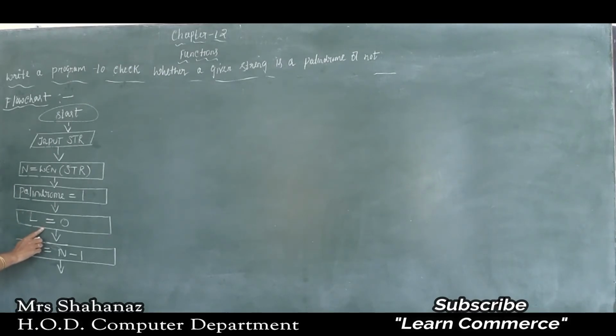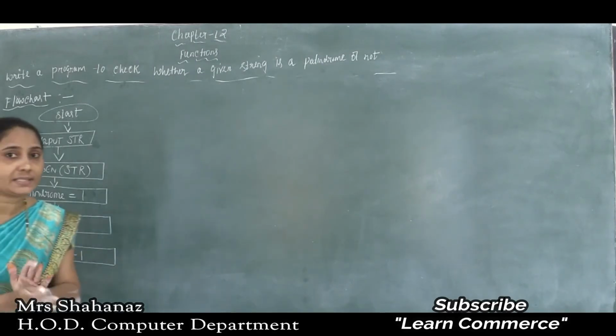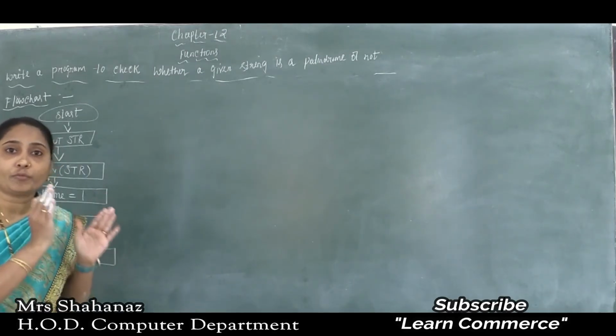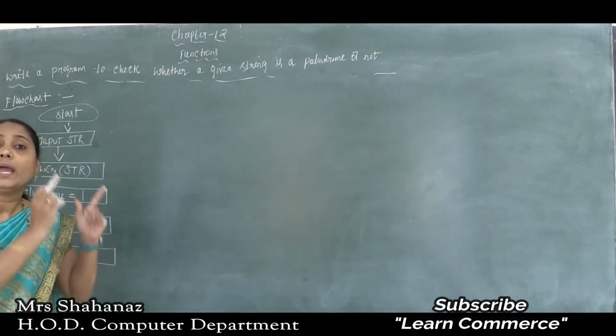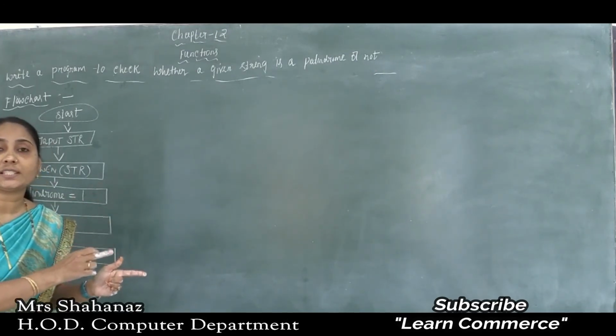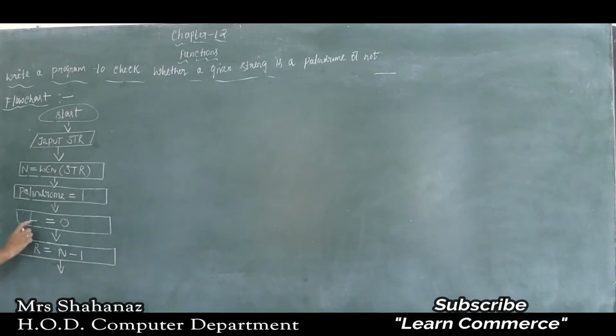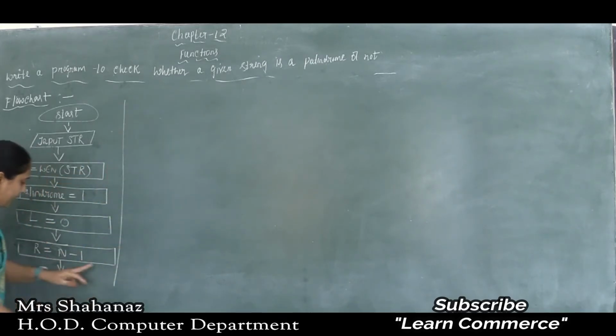When you are going to compare, we should know which side is the left indicator and which side is the right indicator. We know the initialization value of L and also of R here. So L value is equal to 0, R is equal to n minus 1, correct? Yes, n minus 1.